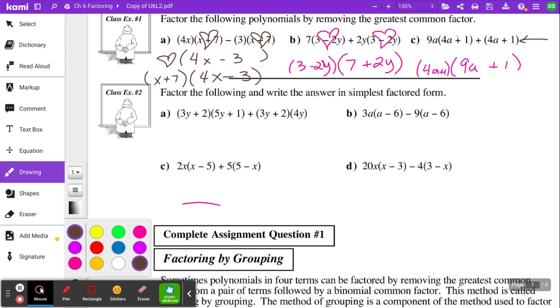And I would like you guys on a piece of scrap paper or somewhere on the side to multiply that together and expand it. There's not very much multiplication. I want the girls to multiply out the 4a plus 1 times the 9a plus 1 and see what you get. Go. These are the boys. Expand that and tell me what you're going to get. The girls are going to multiply this out.